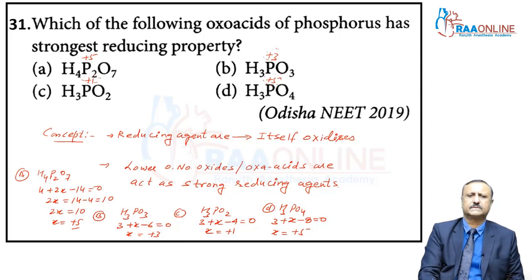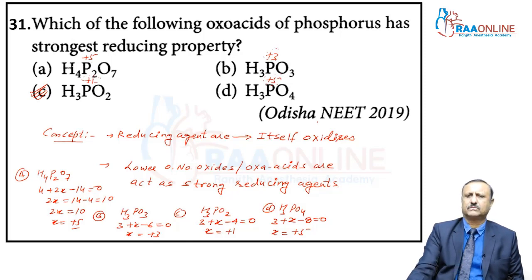So my dear students, H3PO2 is itself oxidized. Those reducing agents are themselves oxidized, and those compounds act as strong reducing agents. So we go to option C, and the answer to 31 is C.